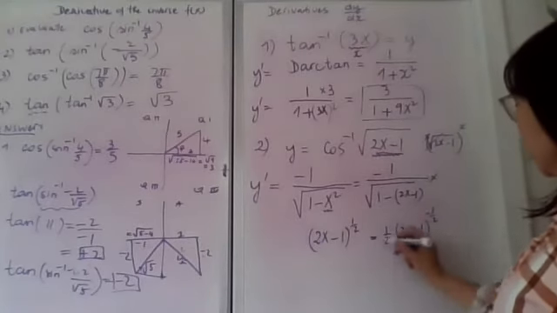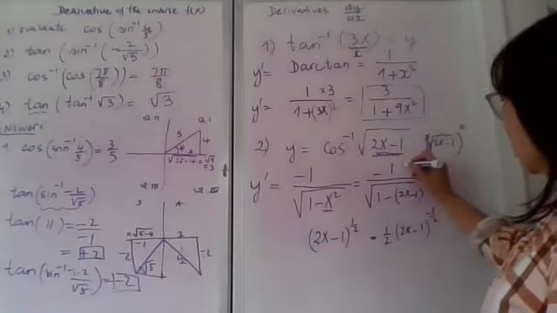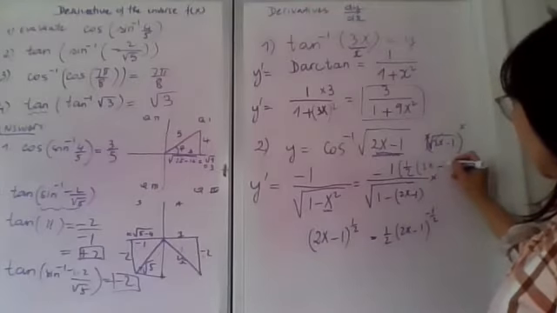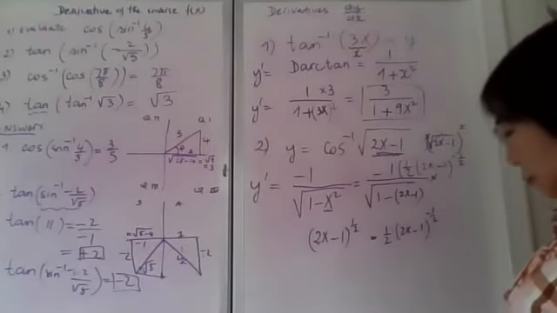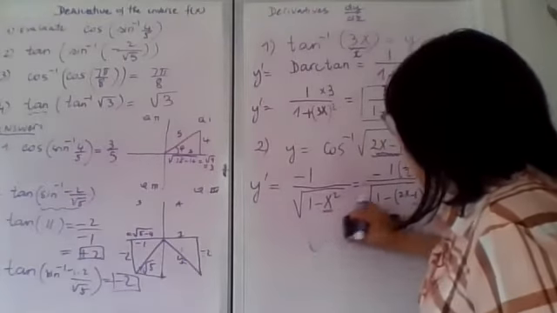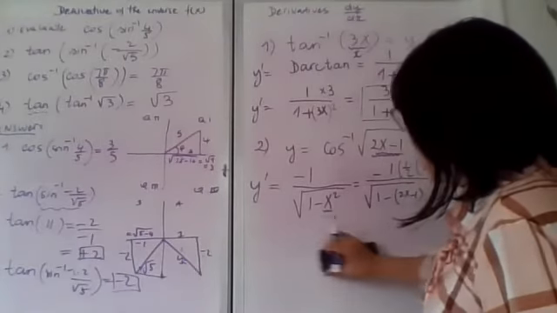So here, we put this on the top. So we'll be timed with 1/2, 2x minus 1 to the minus 1/2. So that's the derivative of the inner angle.